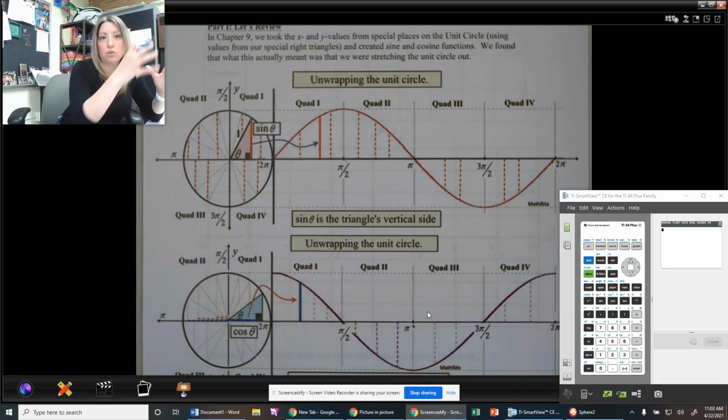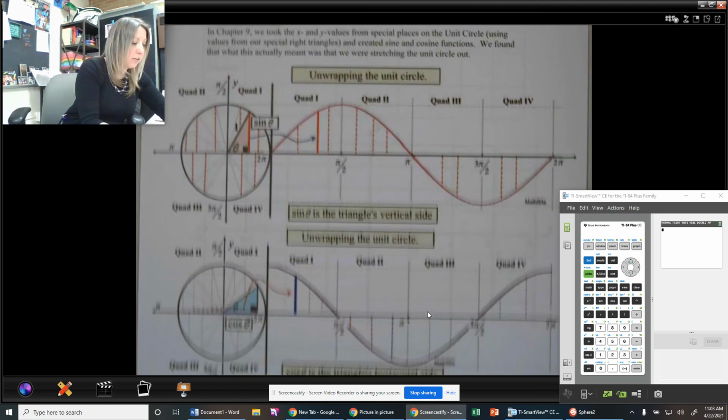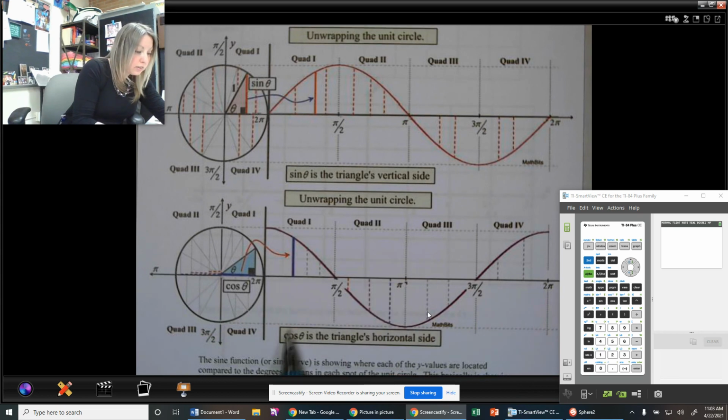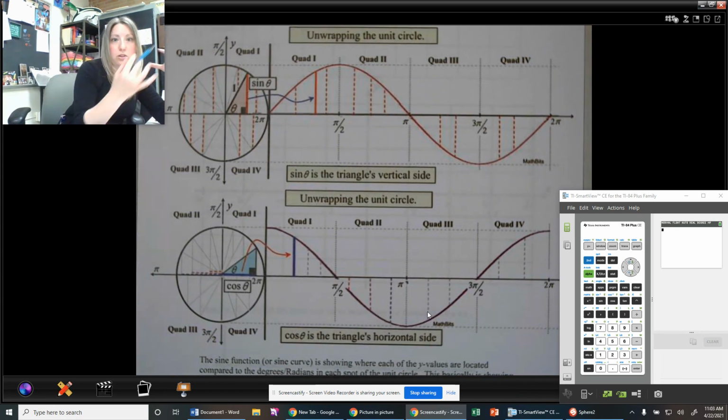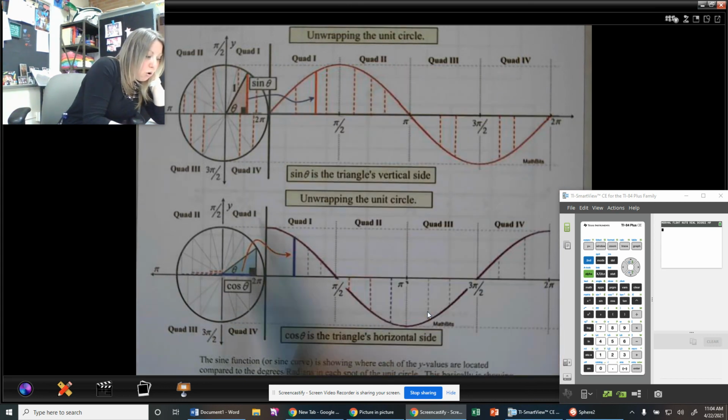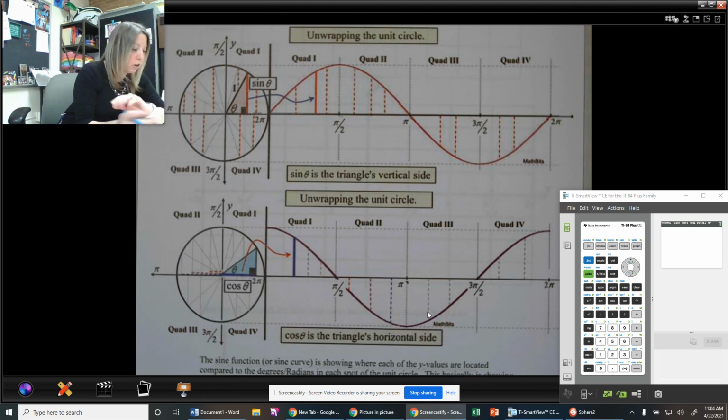And so you do see those curves occurring. Y is the vertical side, x is the horizontal side: vertical side of the triangle, horizontal side of the triangle, each way around. Okay, so that's what we had talked about at the end of chapter 9.